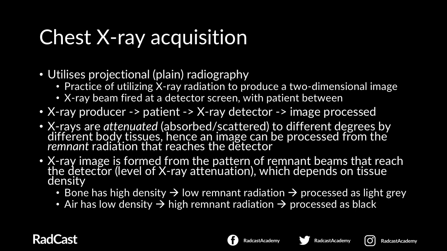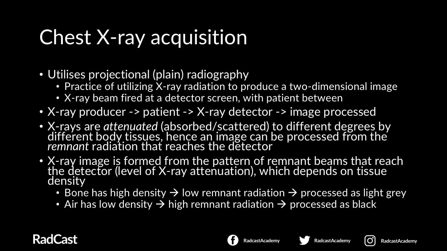Attenuation is directly proportional to density of material. What I mean by this is bone or metal, for example, or any tissue or material with a high density is going to provide high attenuation. But air or fat that has much lower density is going to provide a low attenuation, so lower distortion and absorption of those x-rays.